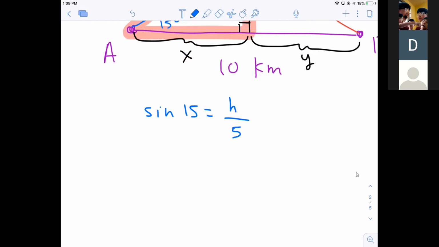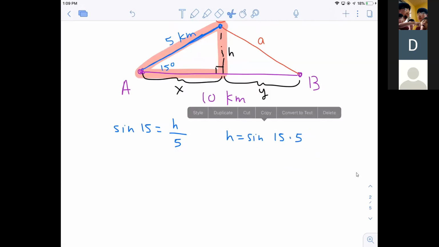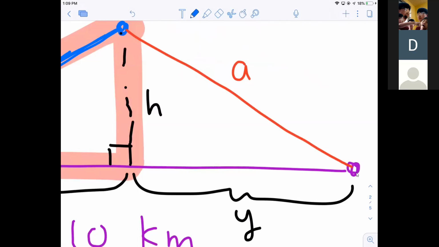So H is equal to sine of 15 times 5. And I'm just going to leave it like that for now. So this here is equal to sine of 15 times 5. All right, if you don't like that, you can type it into your calculator, get the actual value. But I'm going to leave it like this.